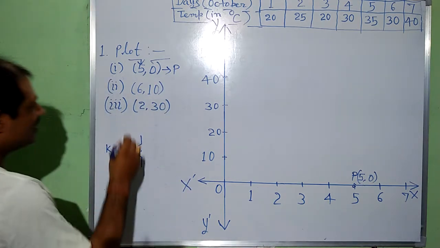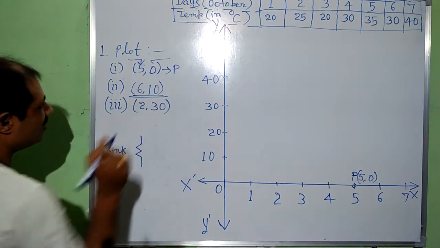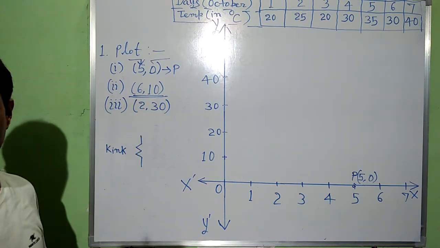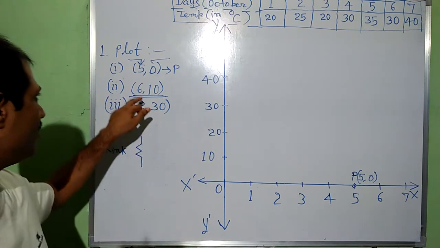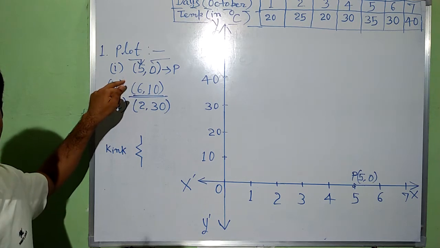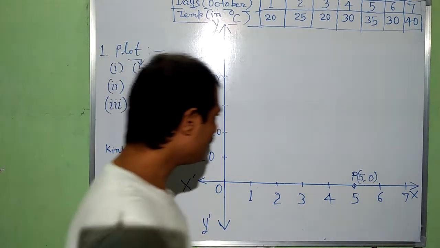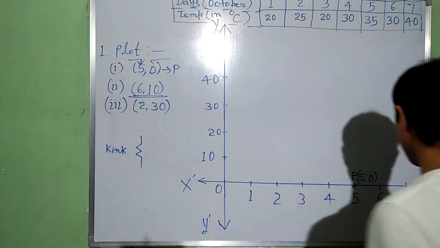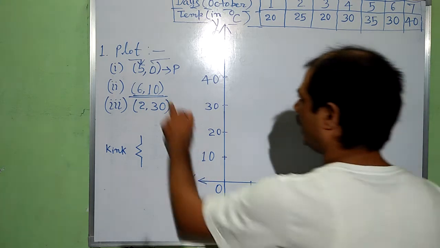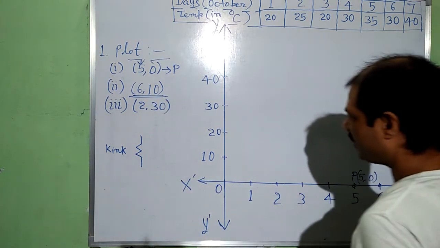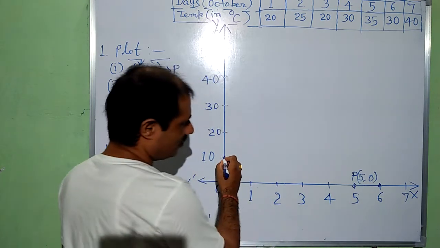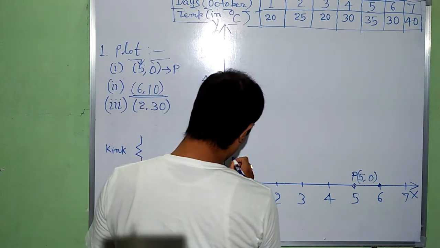Now (6, 10) is also an ordered pair. These numbers are inside parentheses and separated by a comma. So 6 is the first element of this ordered pair. We have to take a distance of 6 alongside the x-axis. Now we are at this point. And 10 is the distance alongside the y-axis, this point. And we have to draw like this.